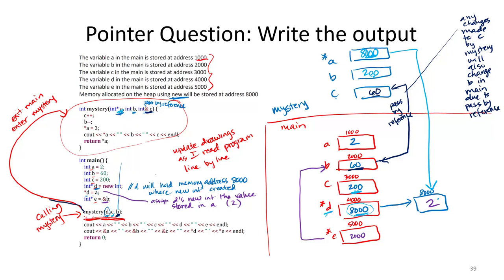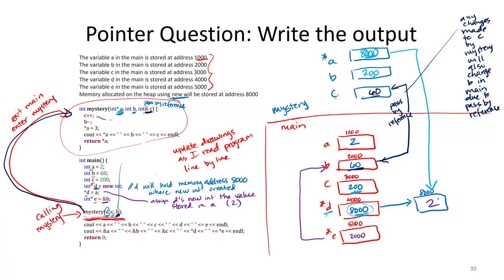So when I call that mystery function, I'm exiting main, entering mystery, and I have plugged in a, b, and c into my mystery function. I can now run the code inside mystery and track what happens. First line of code is c++.